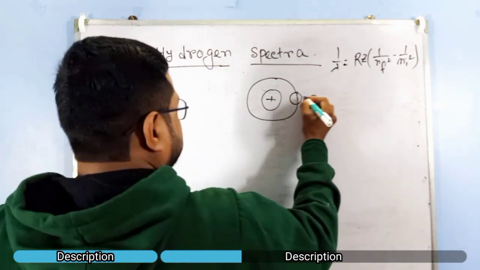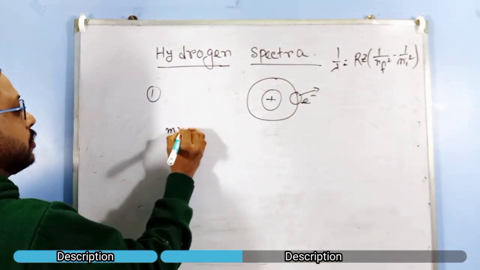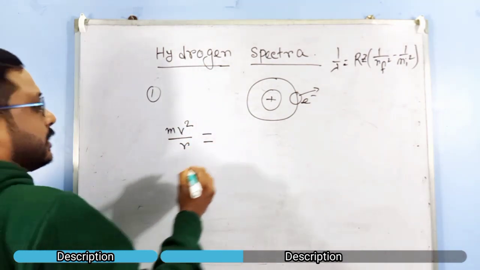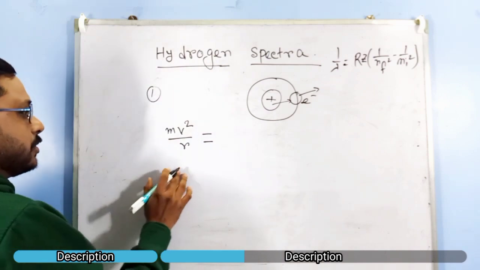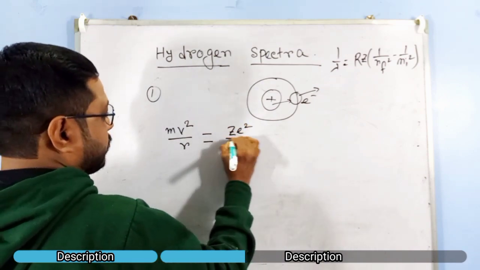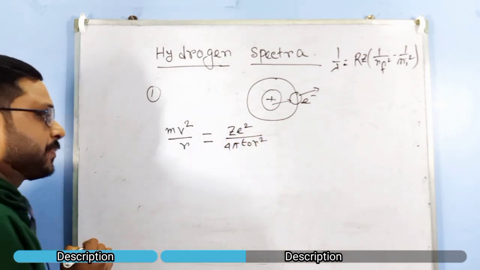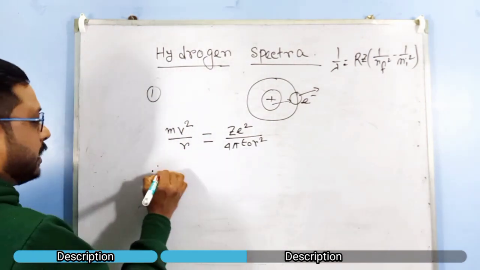So it experiences a centrifugal force, which is given by mv square by r. Now the electrostatic attraction between the electron and the nucleus gives this centripetal force. What is the electrostatic attraction? That is Z e square by 4 pi epsilon naught r square. So from this equation we can evaluate r.